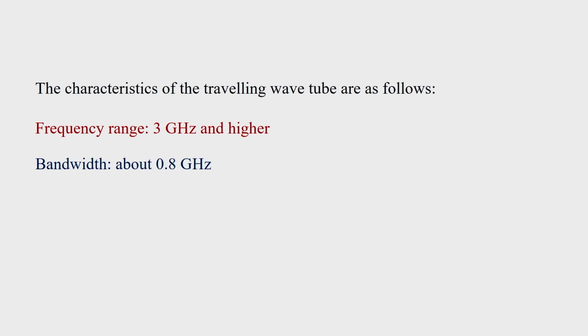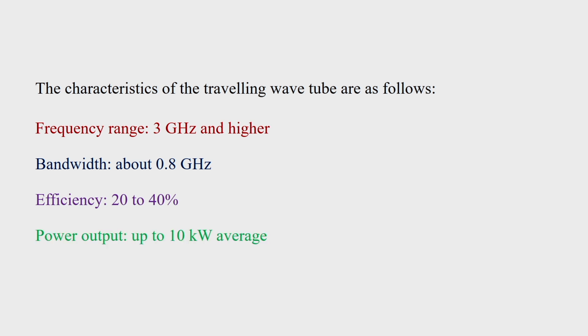Bandwidth is about 0.8 gigahertz. So, this is a huge bandwidth. Efficiency 20 to 40%, and power output up to 10 kilowatt average, and power gain up to 60 dB.